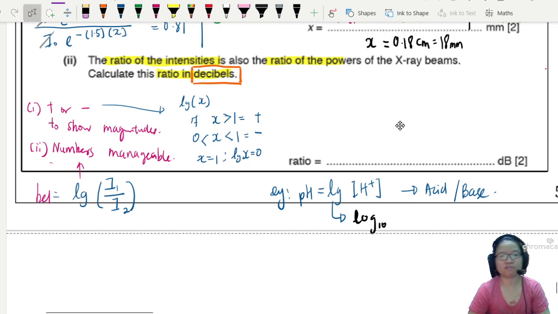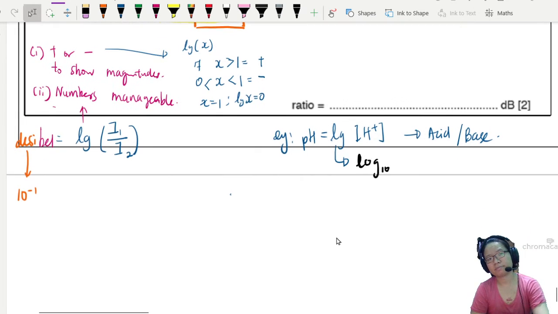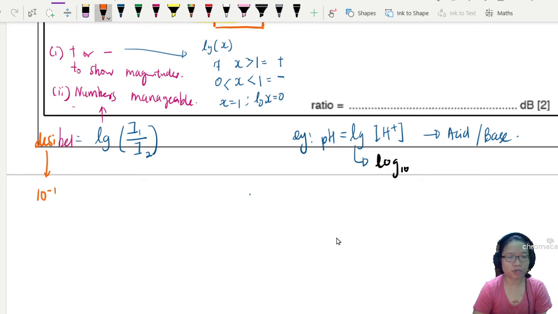So in this case, if you want to calculate decibel, since 1 bell is log I1 over I2, then decibel, I'm just going to write deci here. This deci is 10 to the power of -1. So you bring it over.